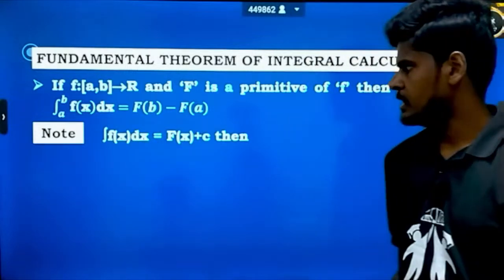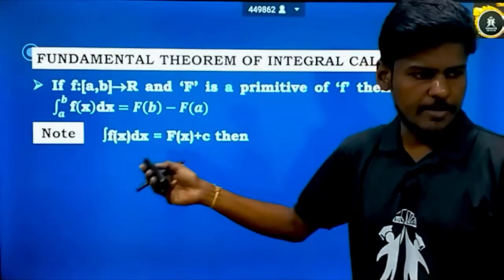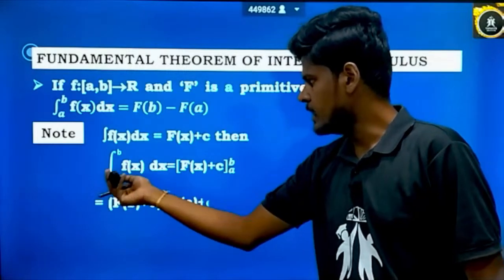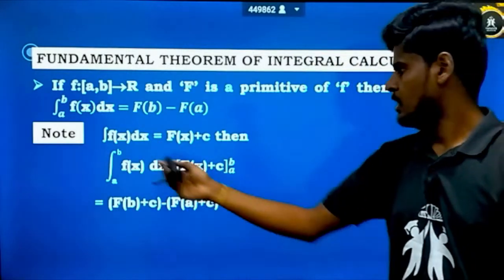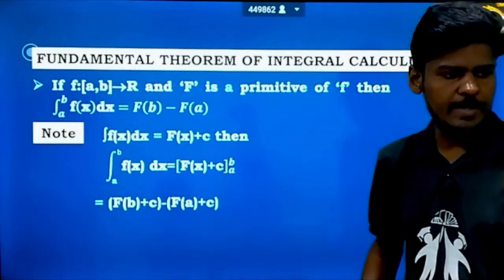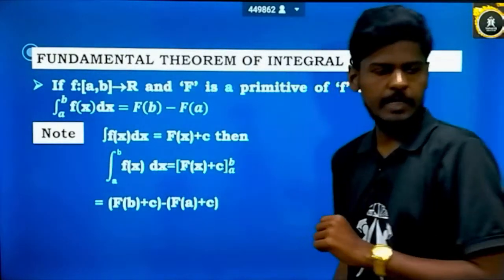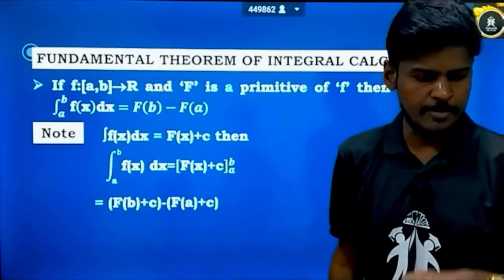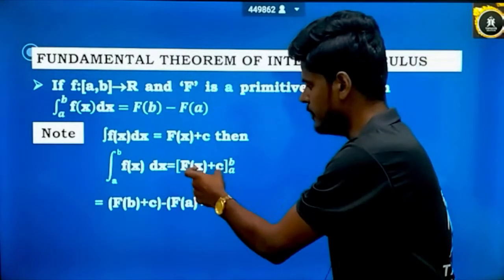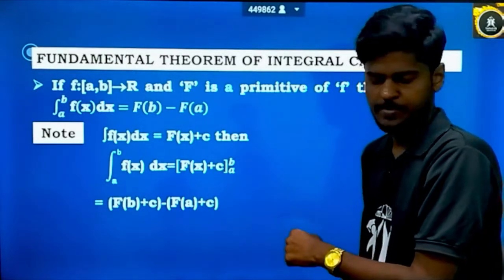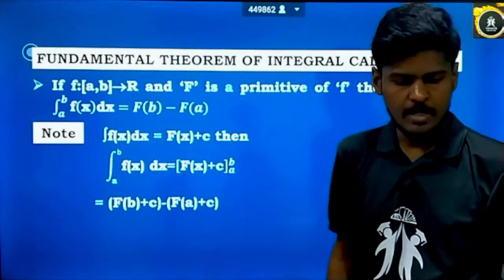So if integral f of x dx equals capital F of x plus c, then integral from a to b of f of x dx is obtained by applying the limits after evaluating this integral. Always remember, definite integration is one step more than indefinite integration. First we evaluate the integral, that will be F of x plus c, and then apply the limit.